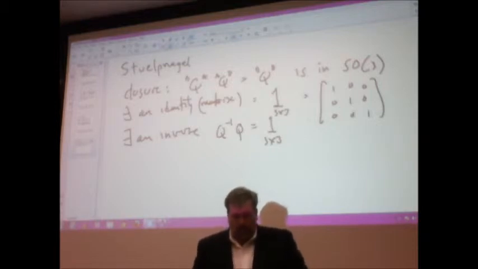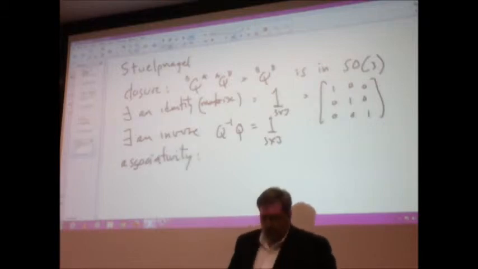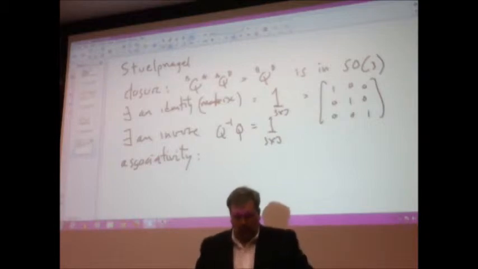And one more thing, so-called associativity. You know this from the familiar algebra of real numbers. It's true here as well.